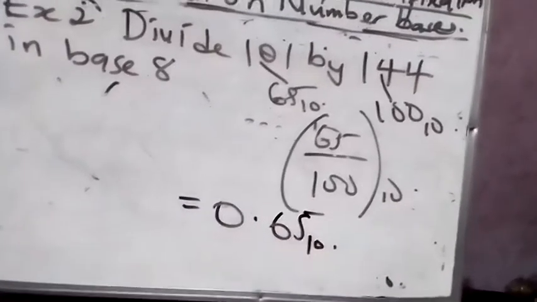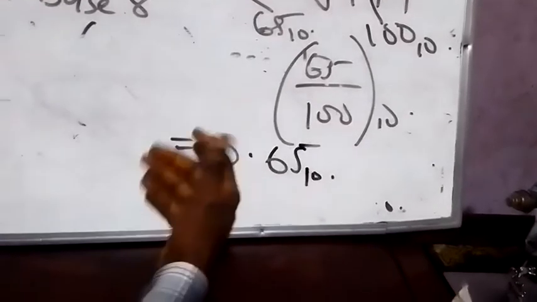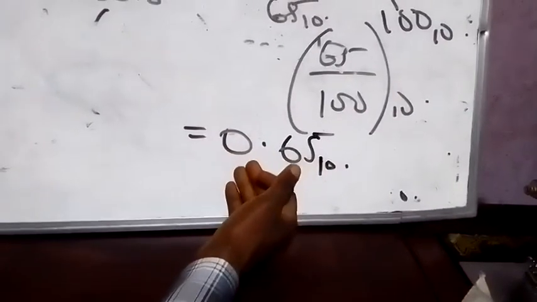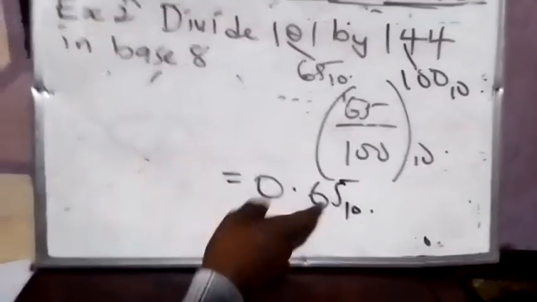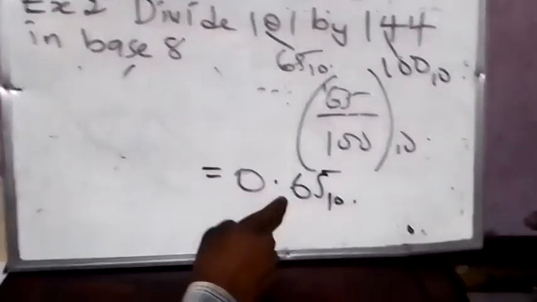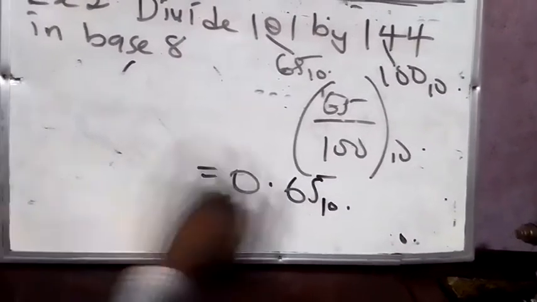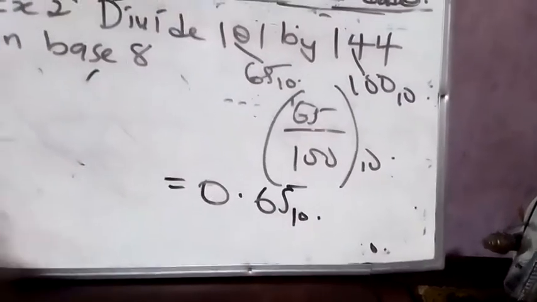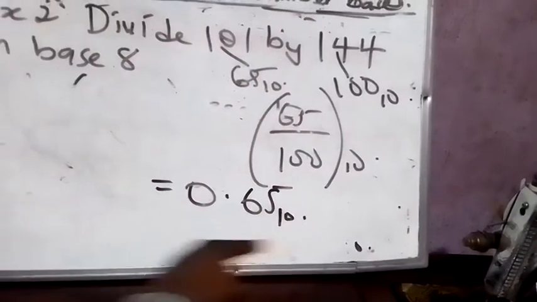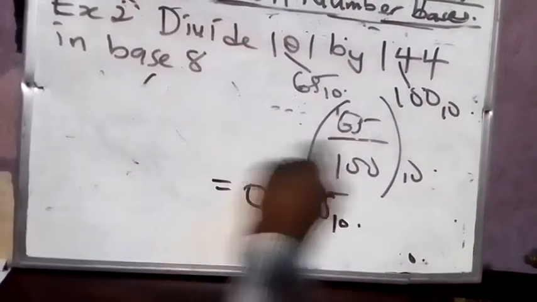And I've told you, this one also gives us a decimal. Assuming it gives us a whole number, what we do is convert it straight from base 10 to base 8 by division. Because of the decimal, that is why I'm introducing another way of doing it. In our coming teachings, I'm going to be dealing with how to do all these, both whole numbers and decimals, from one base to another base.